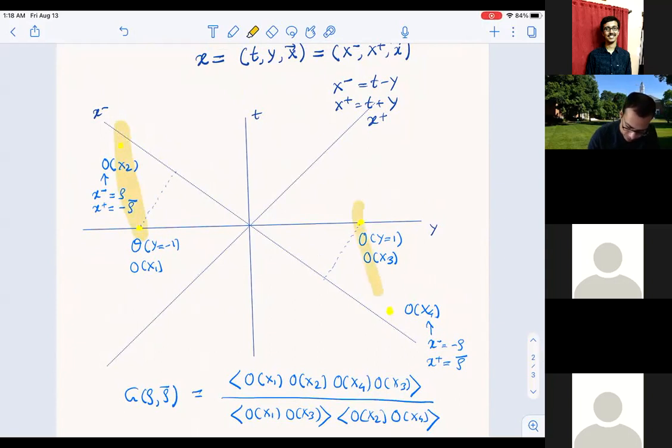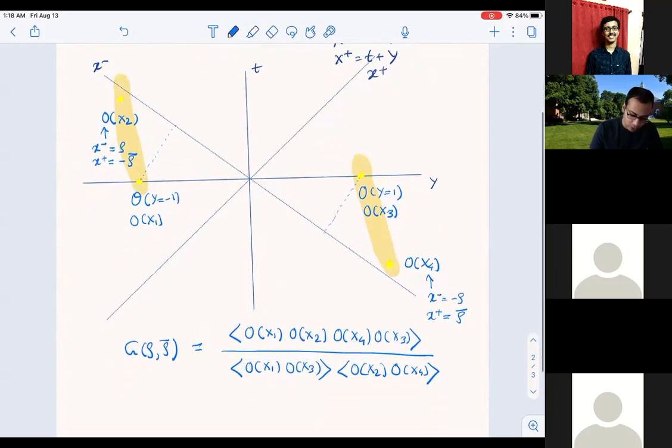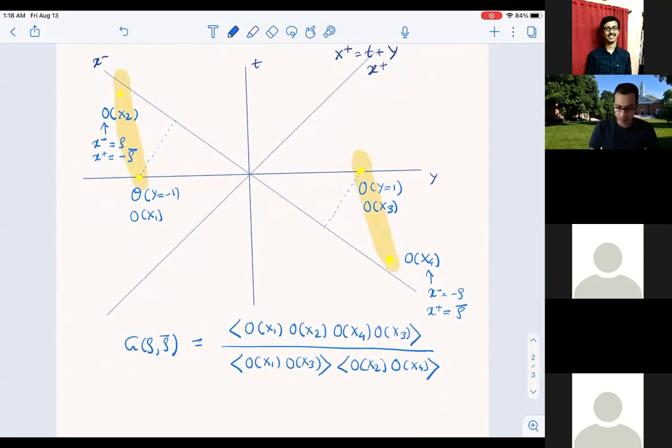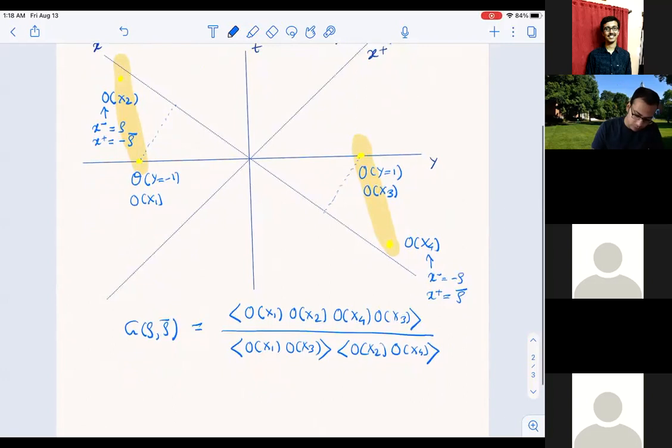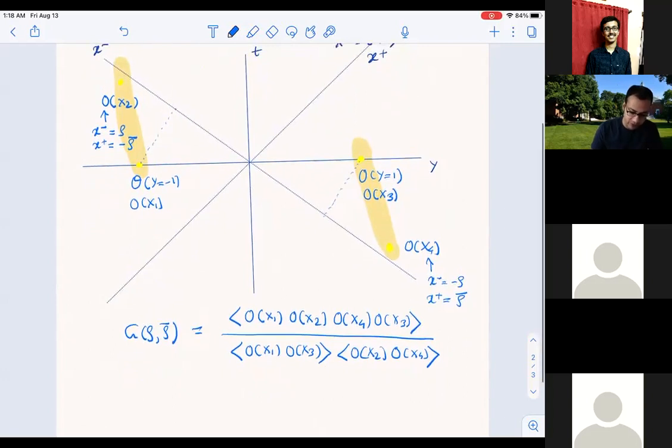This pair is also time-like separated. So some of the operators in this correlator are time-like separated. So the ordering of operators in this correlator does matter, and the operators are ordered as written. So this is a very specific Lorentzian correlator.